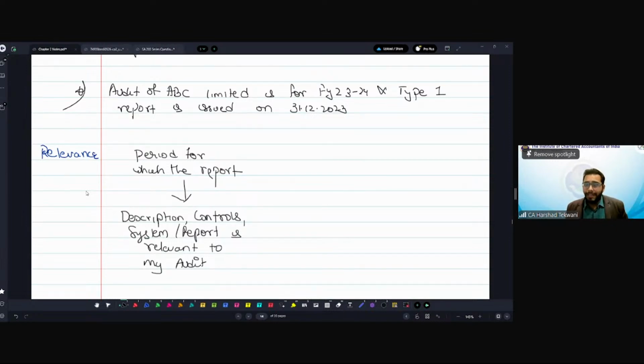Let's say the report says there are no controls in this area, or the controls are not operating effectively or not designed appropriately. Or let's say ABC Limited has outsourced tax related functions, but the report only covers controls around payroll related outsourcing functions. Is that report relevant to the area I am looking at? Relevance is necessary. Are you getting the point?